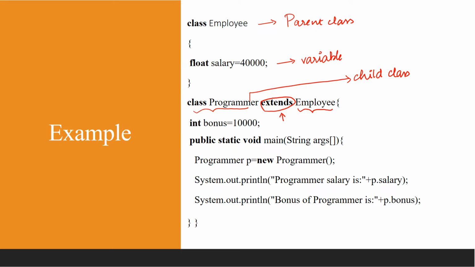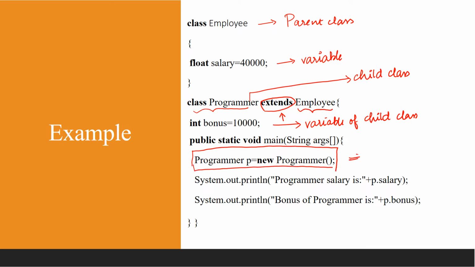Are you able to follow the syntax here? We have a parent class, and inside the parent class we are declaring a variable, and then we have a child class, and the child class has its own variable. Now we are writing the main method, and here we are creating an object for the child class.